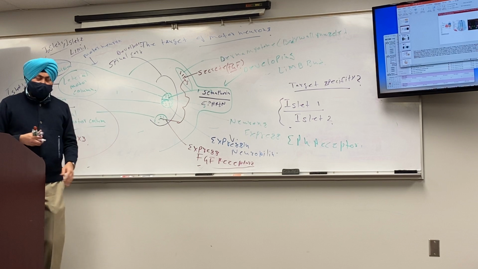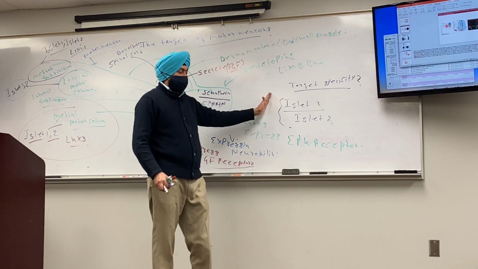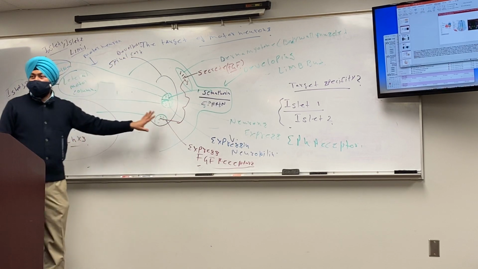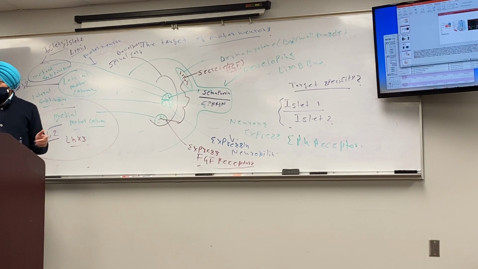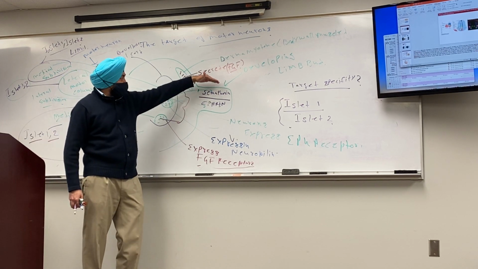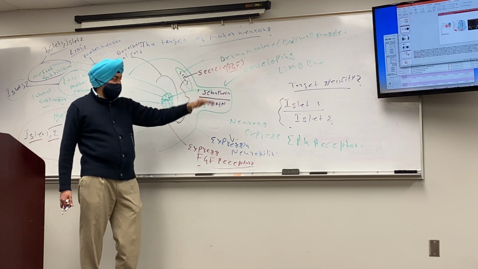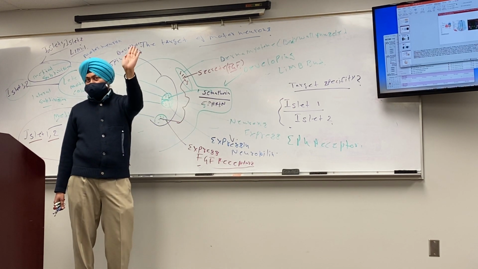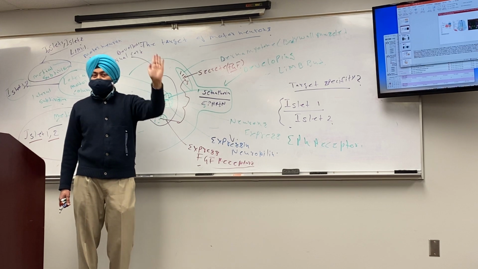All the neurons initially start expressing islet 1 and then islet 2. Then the limb bud has semaphorin on the dorsal side, and on the ventral side it expresses afrin. These are the signals saying come and go, right? These are the stop signals.